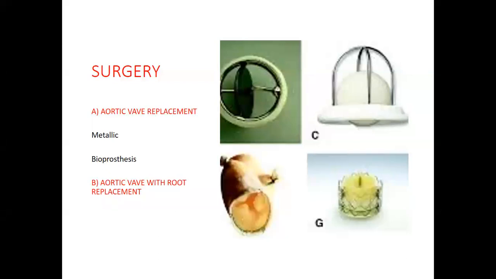Then this is anastomosed with the normal natural aorta. So these are the two methods by which you can replace the valve. One is the valve only, and one is the aortic valve with root replacement.